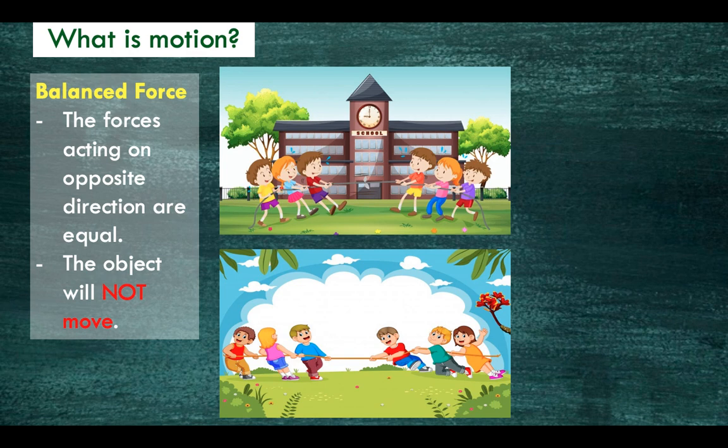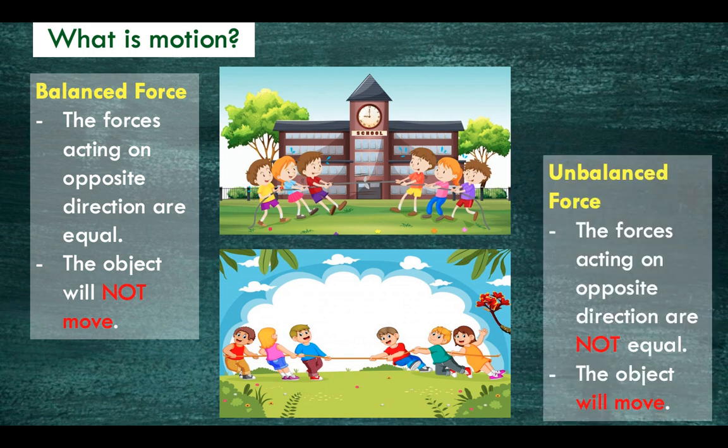Objects here will not move. On the other hand, unbalanced forces, which are illustrated in illustration number 2, are forces acting in opposite directions which are not equal. Objects under here will actually move.